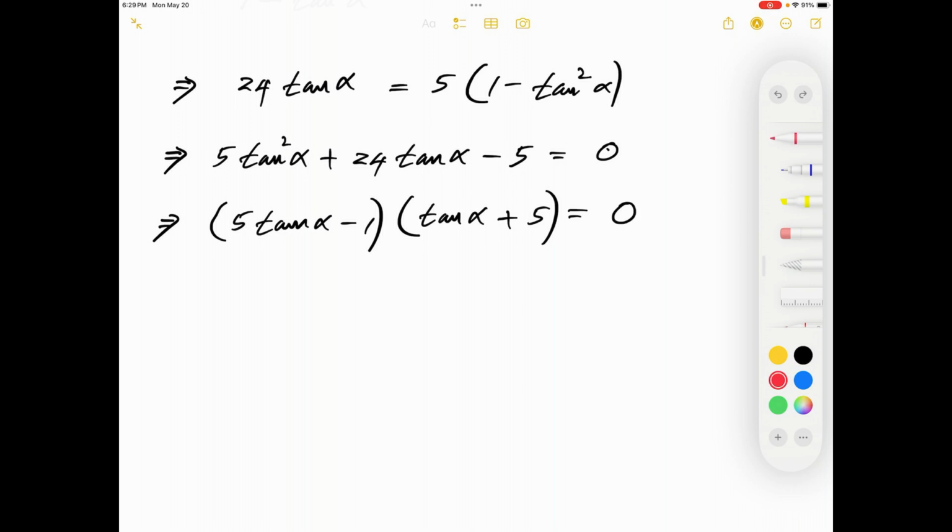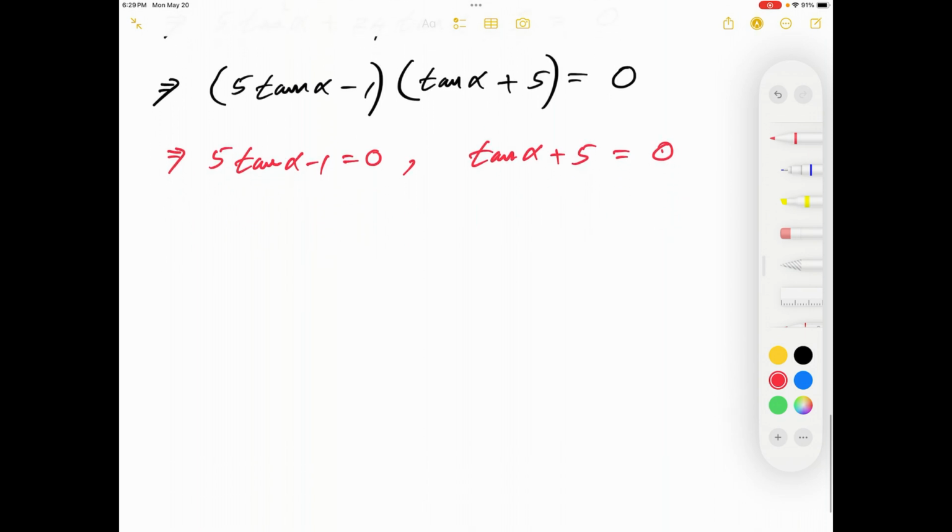Now we set each factor equal to 0. Then we have 5 tangent alpha minus 1 being equal to 0, and also we have tangent alpha plus 5 being equal to 0. Now from this first equation we get tangent alpha is equal to 1 over 5.